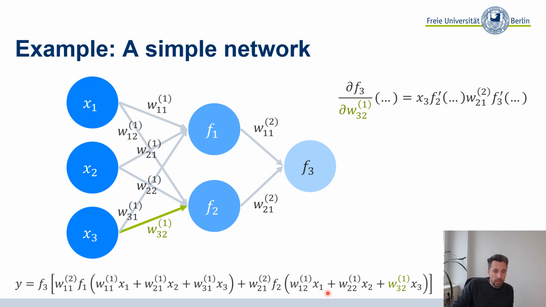First we'll find the derivative of this inner function, which is this x3, right? The only thing that is not relating to W32 is this last part here. So x3 times the derivative of the outer function, which is f2 prime at this local spot, at this local input.